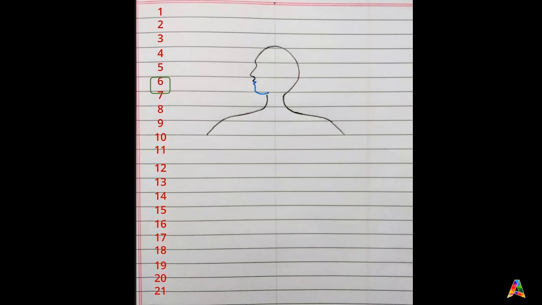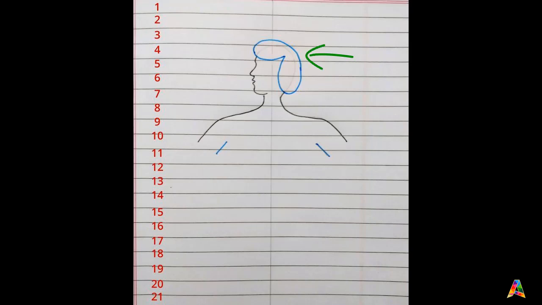Okay, now we can keep this man bald like this, but I'm going to add hair like this. Just a simple cap-like structure. Nothing fancy or time consuming. Let us also add the outline of hands. This makes it easy for us to outline the torso or the trunk region.